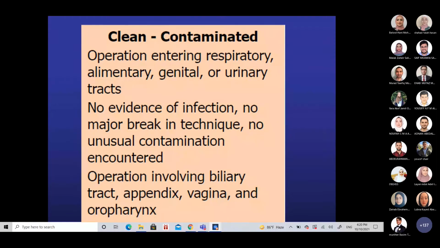Clean contaminated is the first step of getting contamination. Either you enter a clean or a prepared tract, and there is no gross contamination or gross spillage of the contents, no infection encountered, meaning no abscess, no major breaks in the aseptic technique, some minor breaks probably.